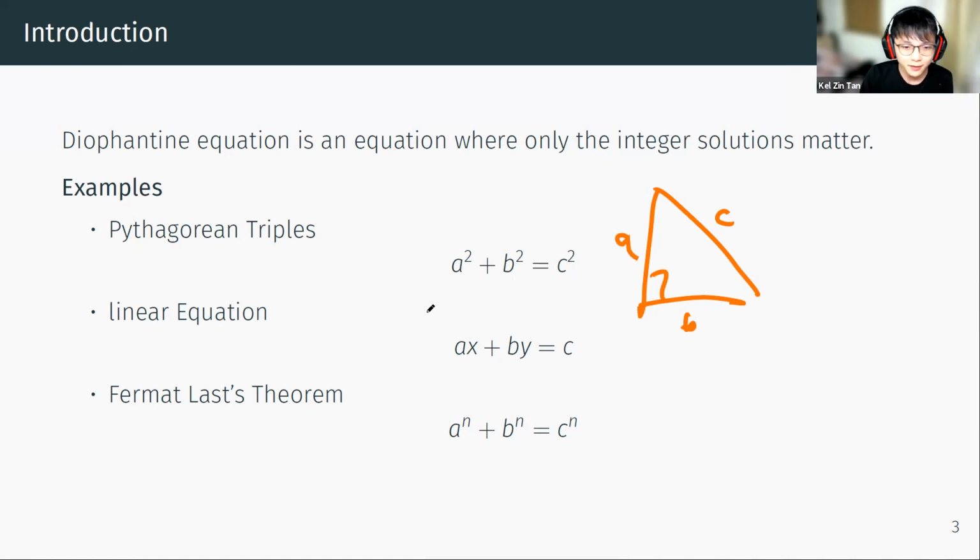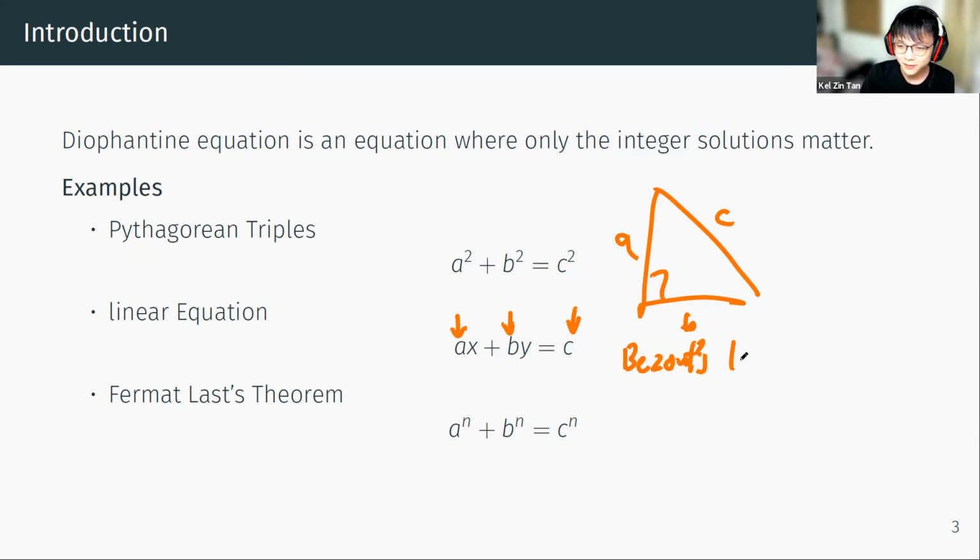And another very interesting one is the linear equation. So this linear equation is: given A, given B, given C, you want to find x and y such that ax plus by is equal to c. And yeah, this can also be related to Bézout's lemma.